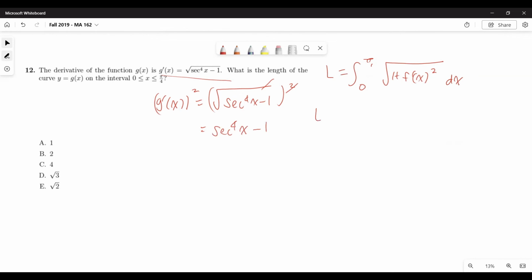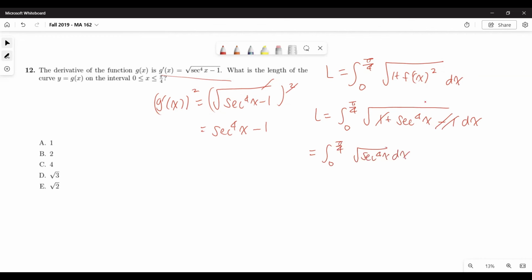So you can just write the arc length L as the integral from 0 to pi over 4 of the square root of 1 plus secant to the fourth power x minus 1 dx. And 1 and negative 1 cancel out. So it will be the integral from 0 to pi over 4 of the square root of secant to the fourth power x dx.